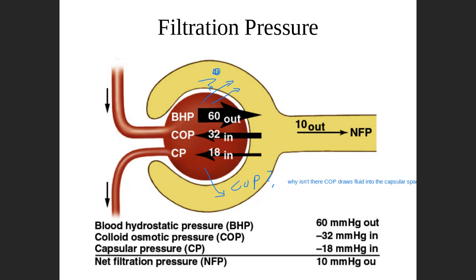All right, so the question is, why aren't there any colloid osmotic pressure drawing fluid into the capsular space? Here you have it, right? But why don't you have it this way?